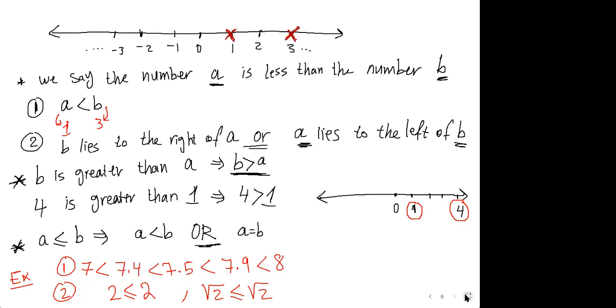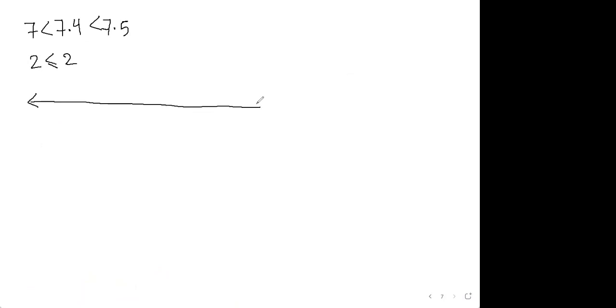Okay. Let's go to how I can represent these numbers on the real line. So again, I said 7 is less than 7.4, less than 7.5. And also I said 2 is less than or equal to. So how can I represent this on the real line? Here is the 0.